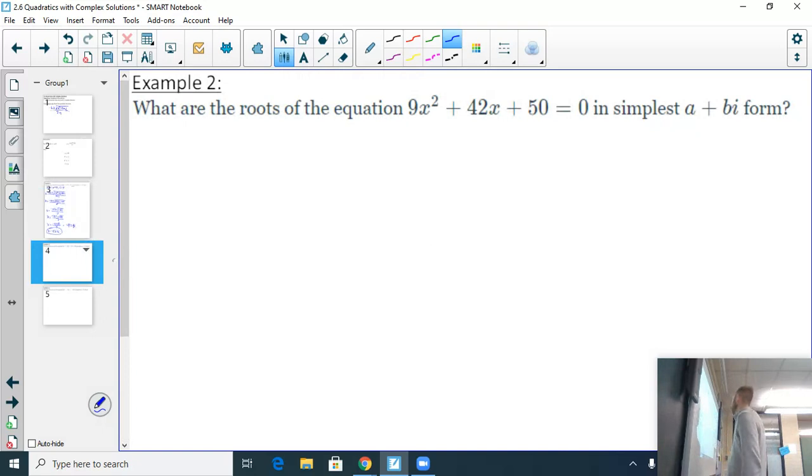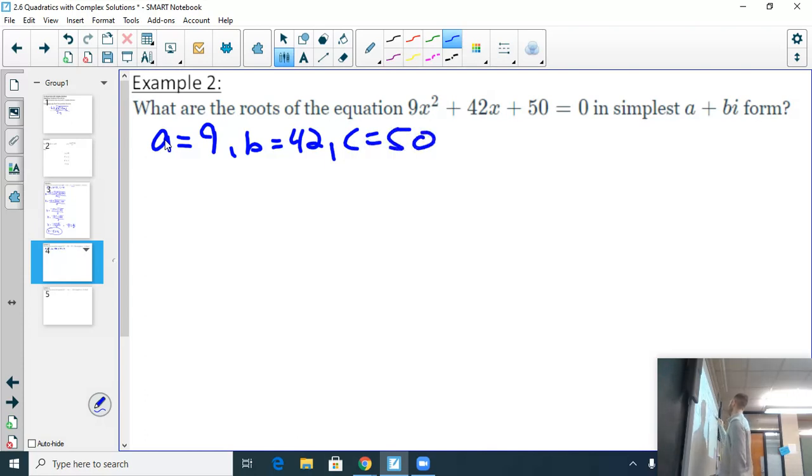So next one, we have a equals 9, b equals 42, and c equals 50.